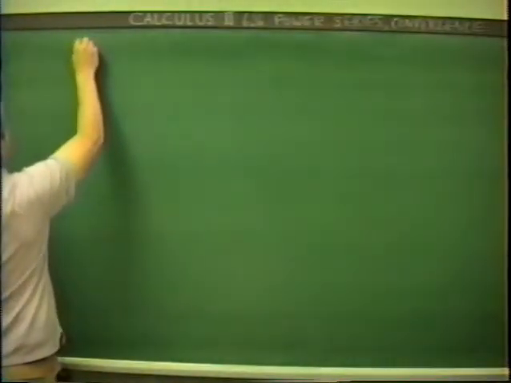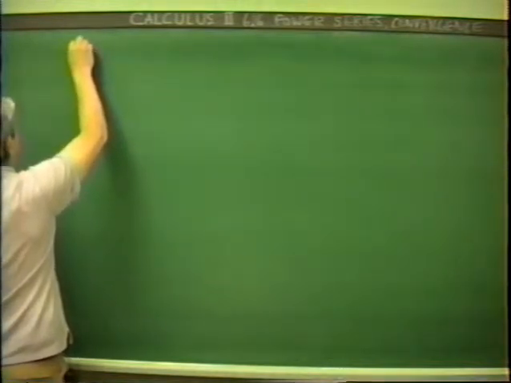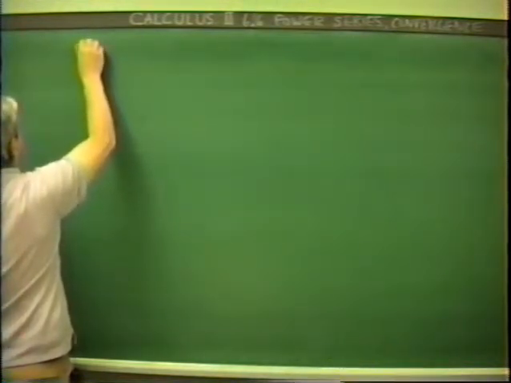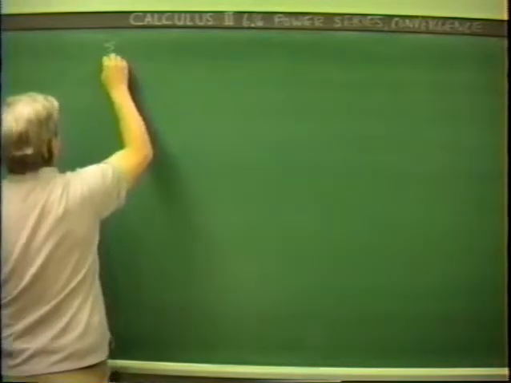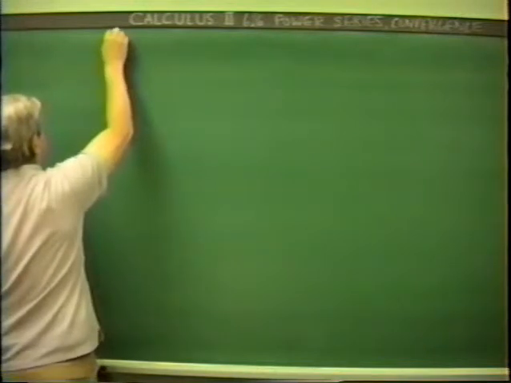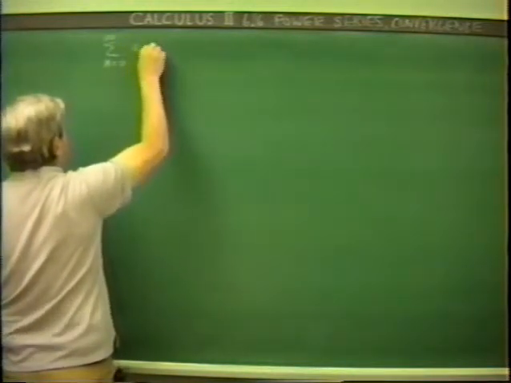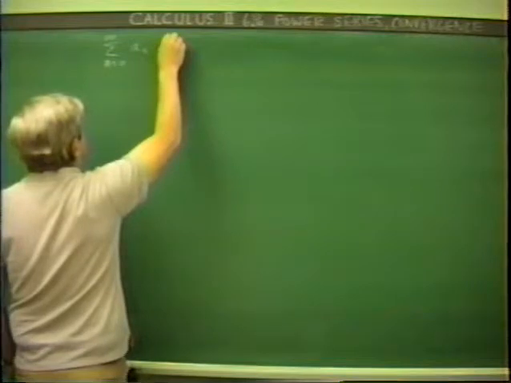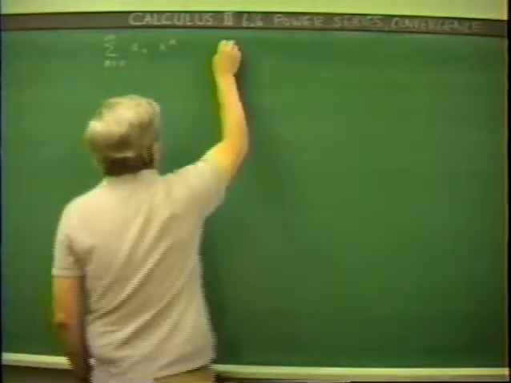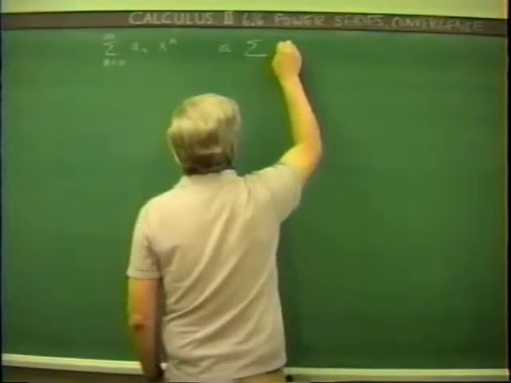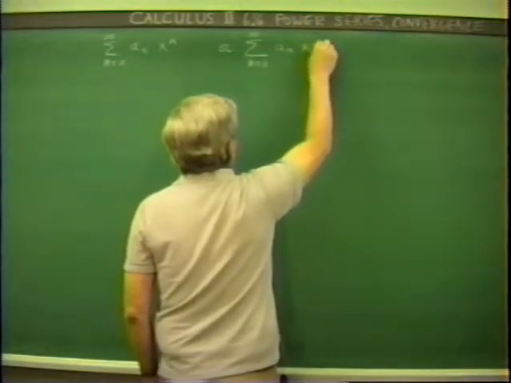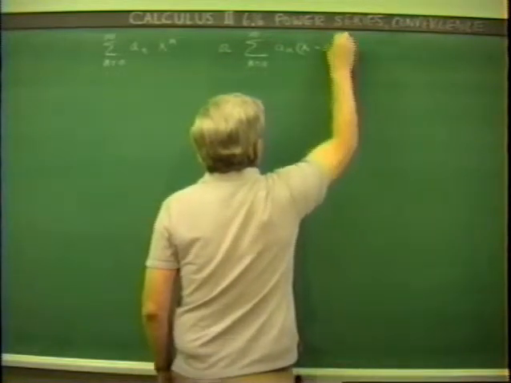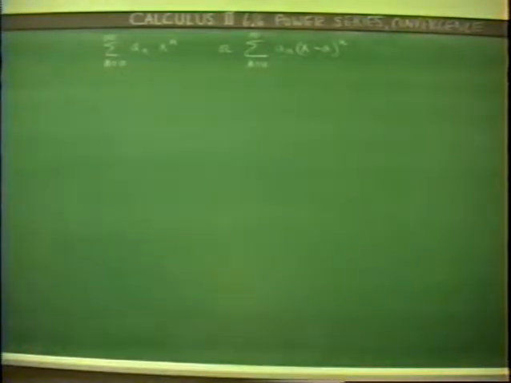But we now want to look at what I call power series, and these are things that look like they came from a Taylor series, namely something of the form summation n equals 0 to infinity a_n x to the n, or summation n equals 0 to infinity a_n (x minus a) to the n power.